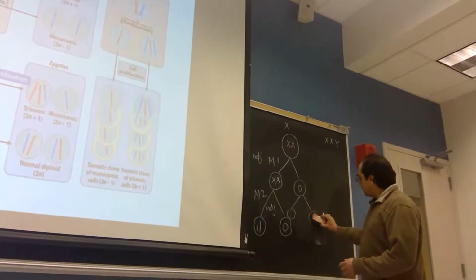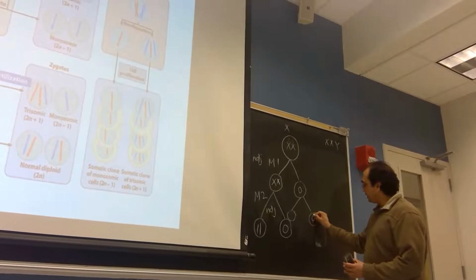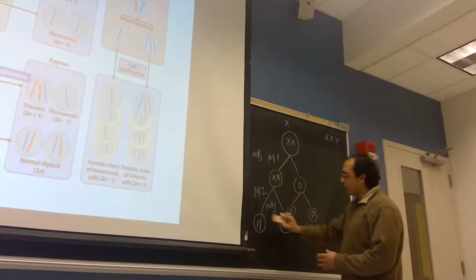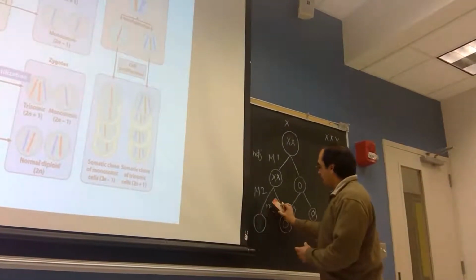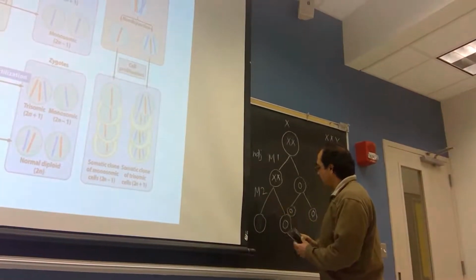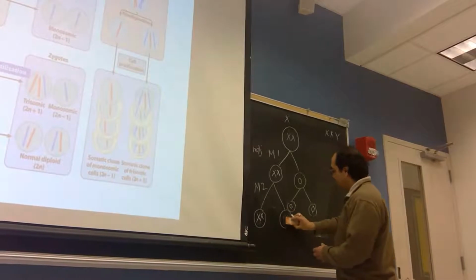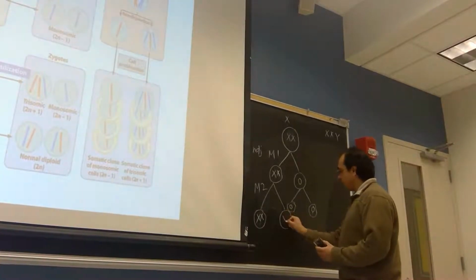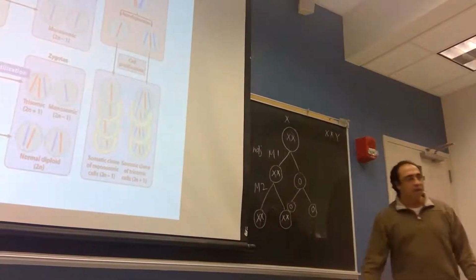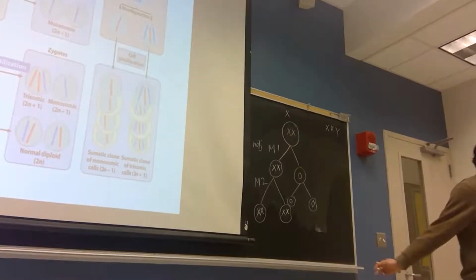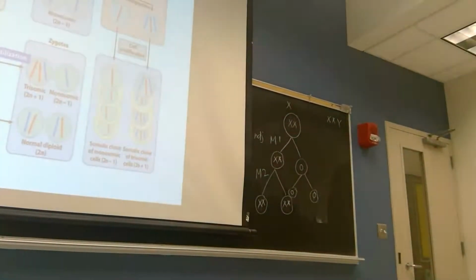So in such a case, we'll have this 0 here, and there is no non-disjunction here. So in such a case, what do you think?